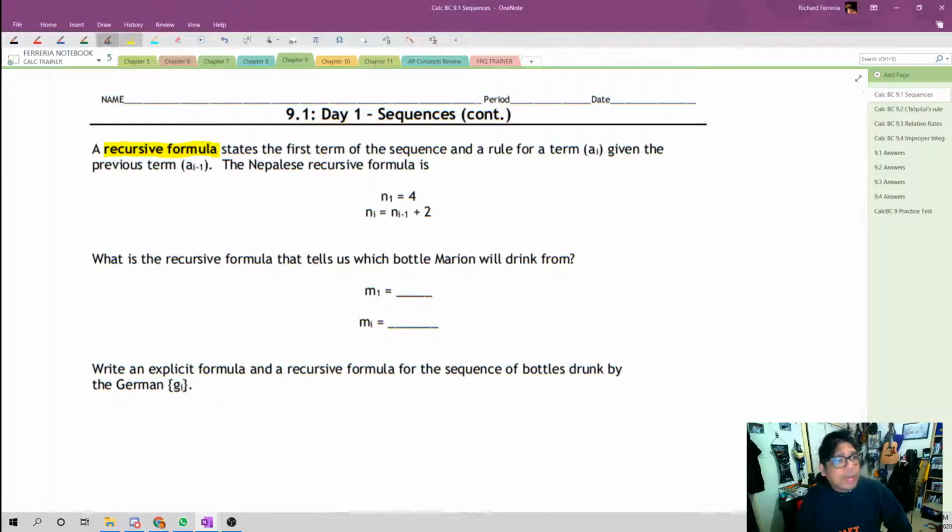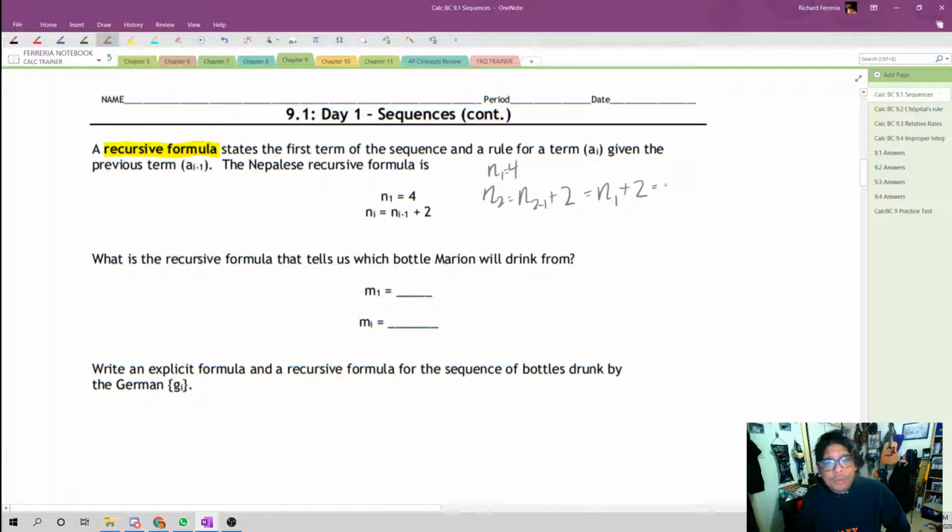So we can try that with the Nepalese bottle system. So if N1 equals 4, then N2 is going to equal N(2-1) plus 2, or N1 plus 2.